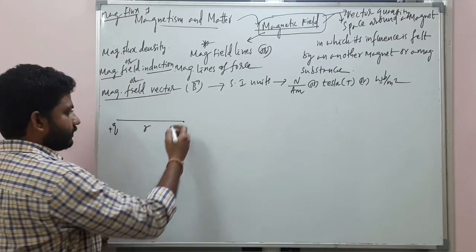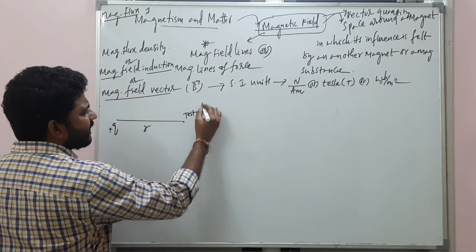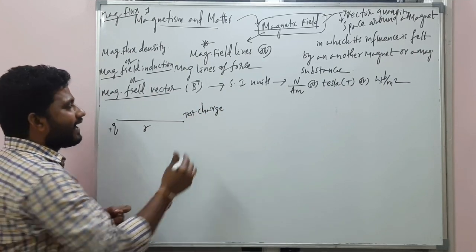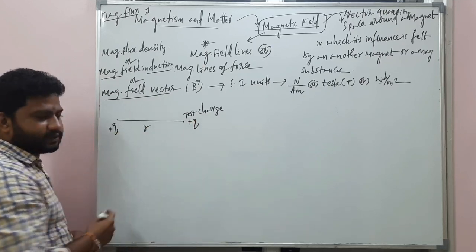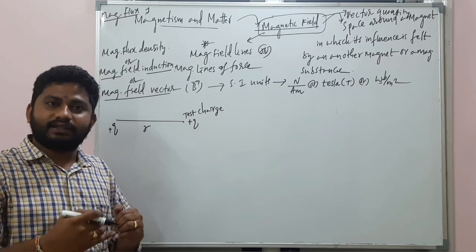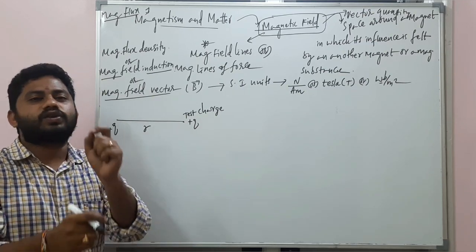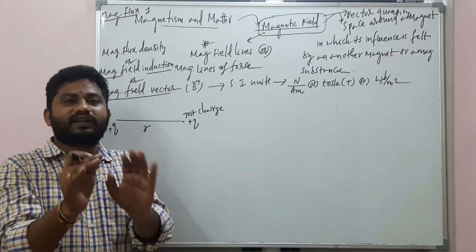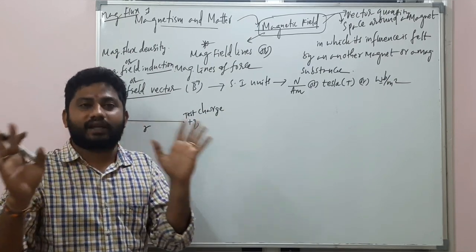That is our test charge. A test charge is always a small positive charge, right? By default, we consider a test charge is a unit positive charge. It cannot be negative, right?